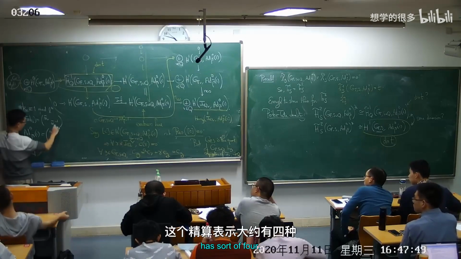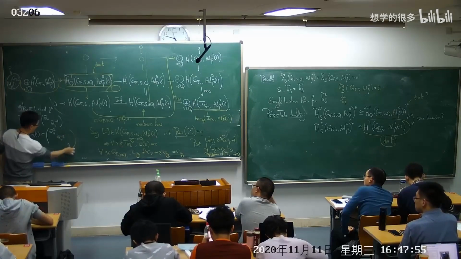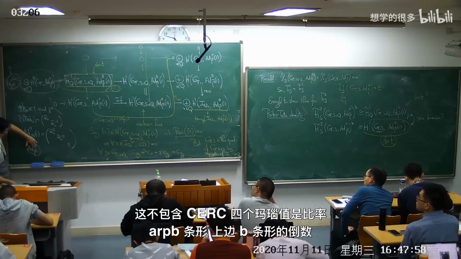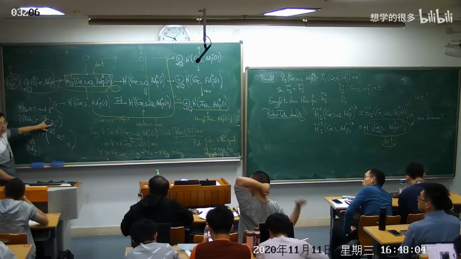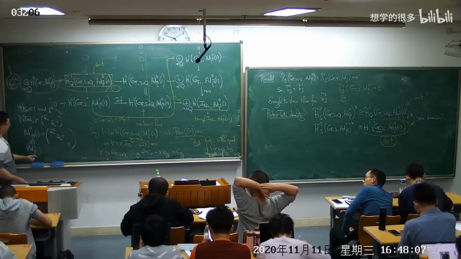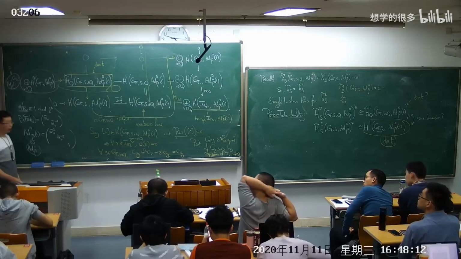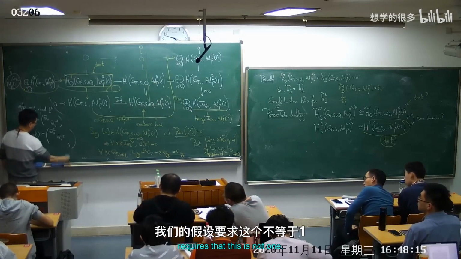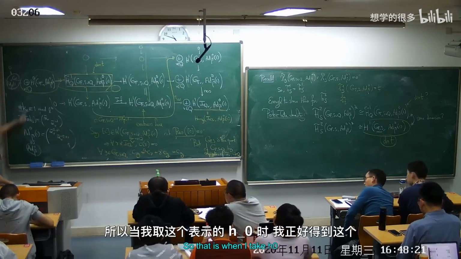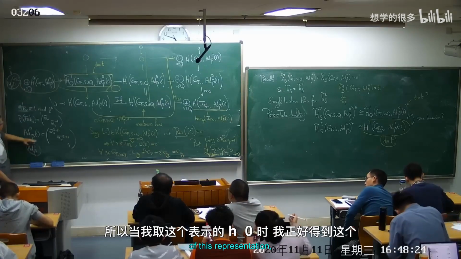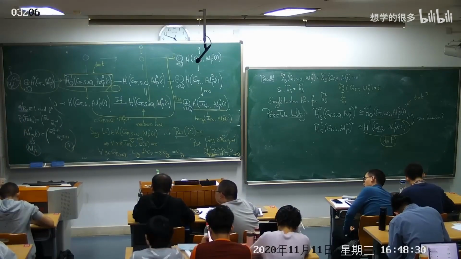This adjoint representation has dimension 4. Without the circ, the 4 eigenvalues are the ratios alpha_v bar over alpha_v bar inverse, the quotient the other way, and 2 ones. And now if I do circ, I remove one of the trivial ones. I get these 3. And our assumption requires that these are not 1. So that means when I take H0 of this representation, I pick out precisely this eigenspace.